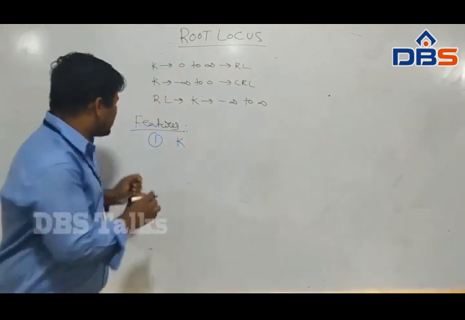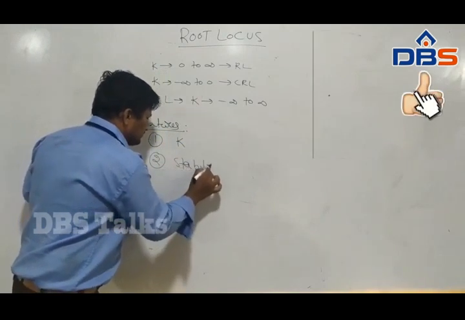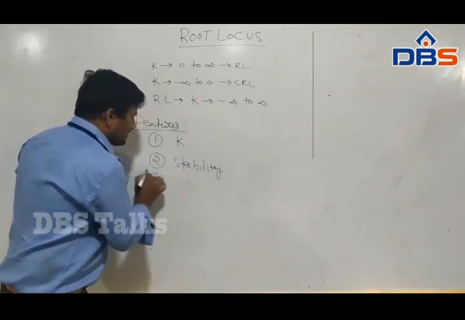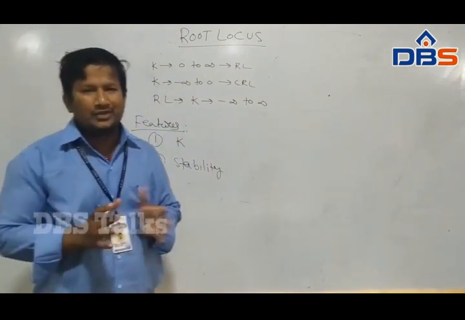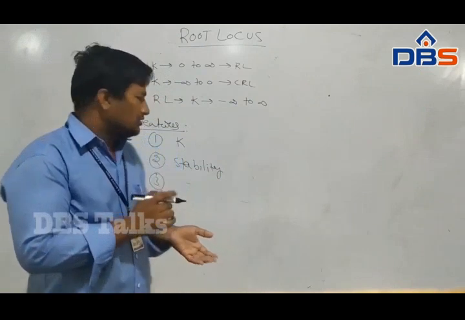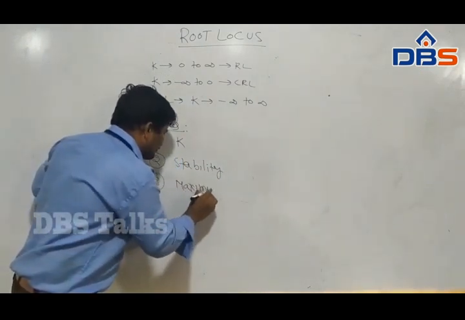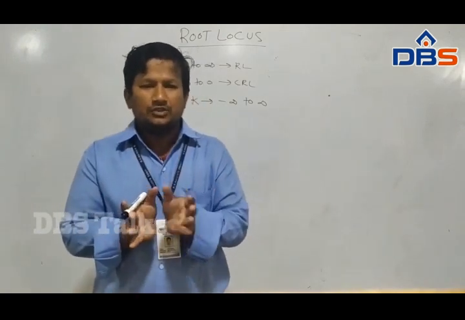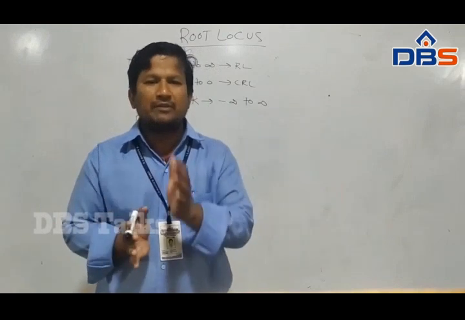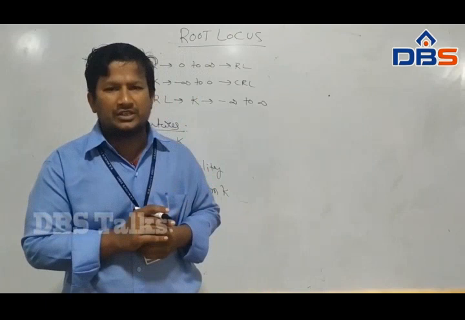Another, it will determine the stability of a closed loop system. Third, it will determine the maximum value of k, or the range of k. The system may be stable, unstable or marginally stable, and that is clearly described with the help of root locus techniques.